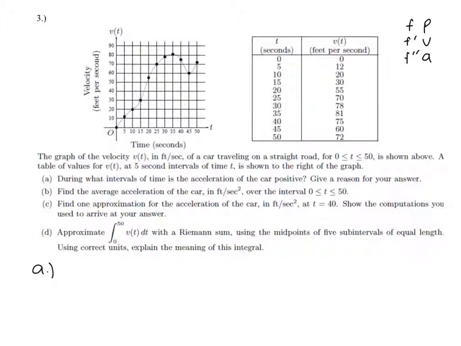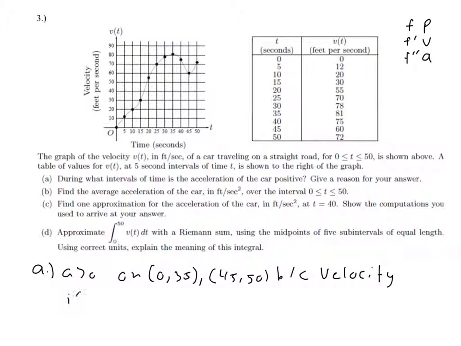So the acceleration is greater than 0 on 0 to 35 and 45 to 50 because the velocity is increasing.